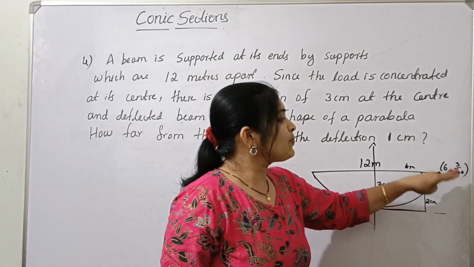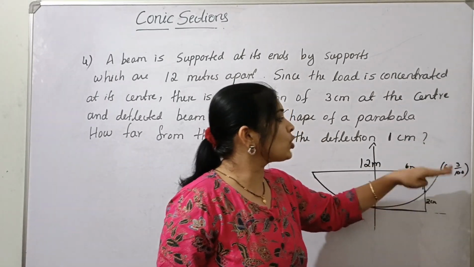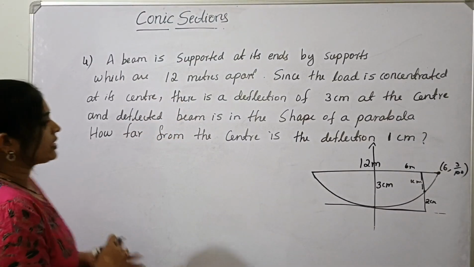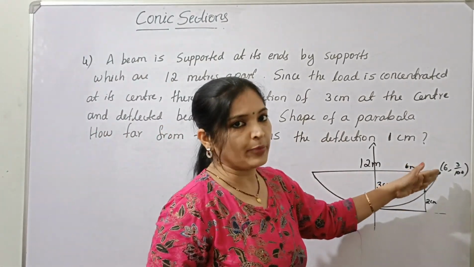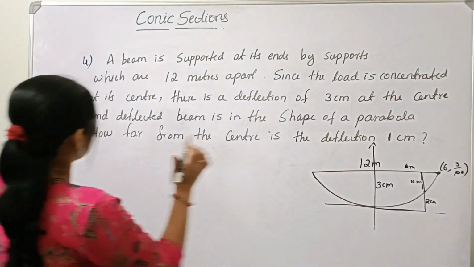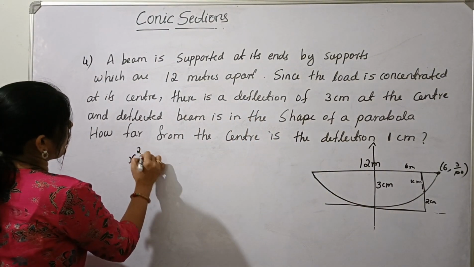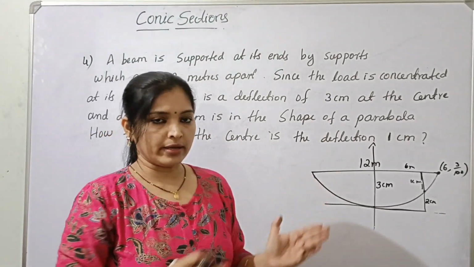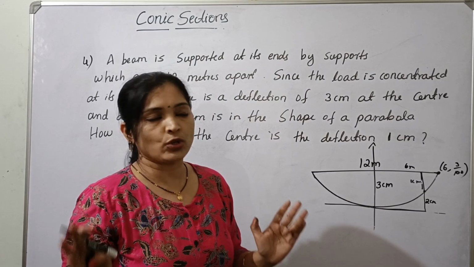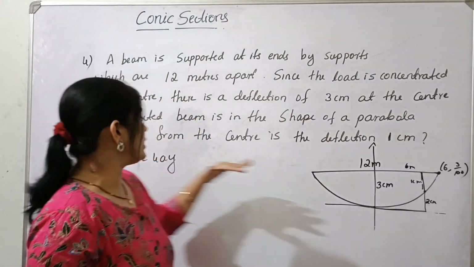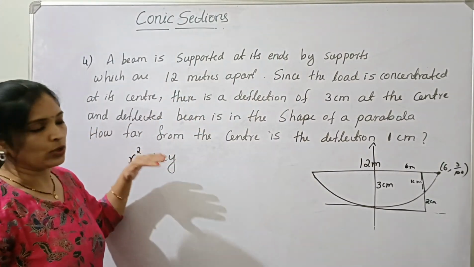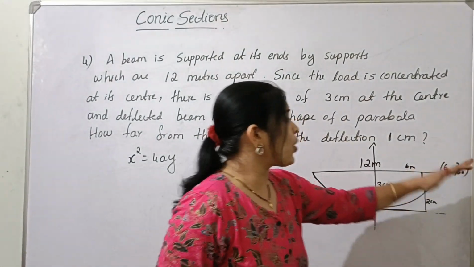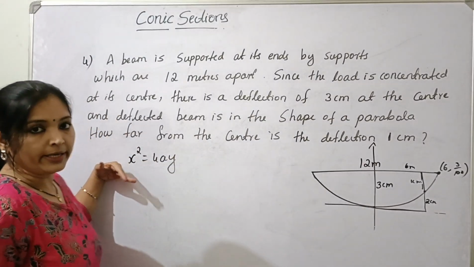Since this point is on the parabola, it should satisfy the equation of the parabola. What is the equation of the parabola? This parabola opens upwards, so the equation is x square is equal to 4ay, because the parabola is along the positive y-axis.